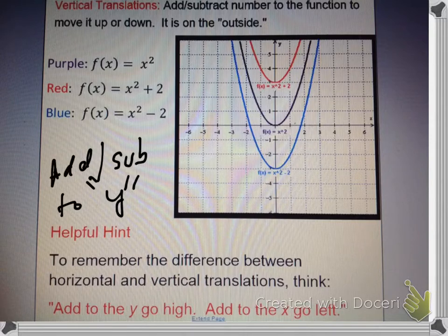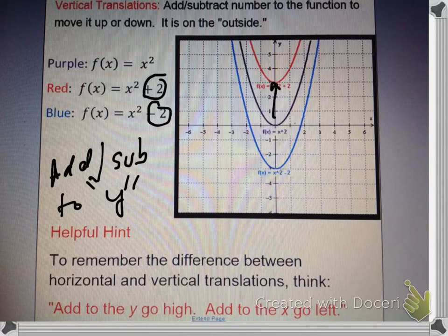When we say adding or subtracting to the y, we mean we're just going to add or subtract something that's hanging out on the outside of the equation. When we add to the y, stuff usually happens that we expect to happen.